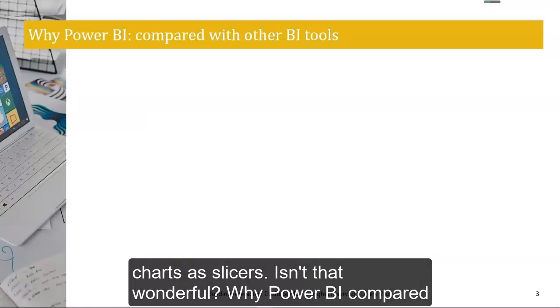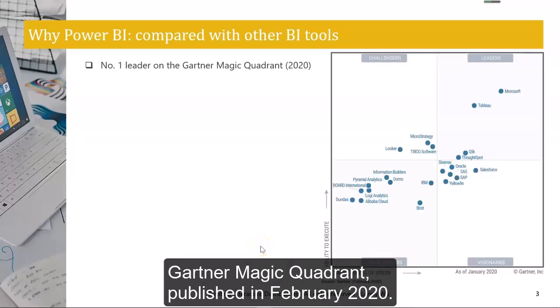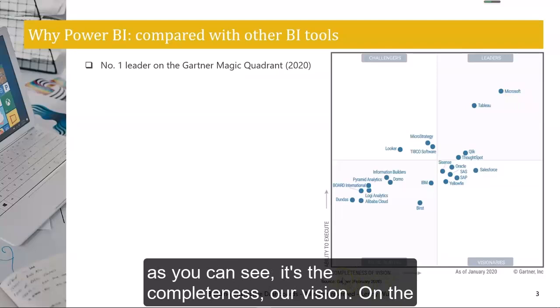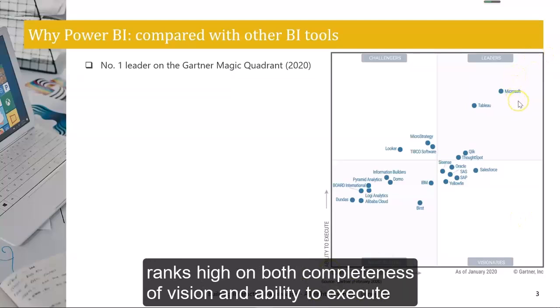Why Power BI compared with other BI tools? When it comes to BI tools, according to Gartner Magic Quadrant, published in February 2020, Microsoft Power BI ranks top 1 on the quadrant. On the x-axis, as you can see, it's the completeness of vision. On the y-axis, it's the ability to execute. So, Microsoft Power BI ranks high on both completeness of vision and ability to execute.